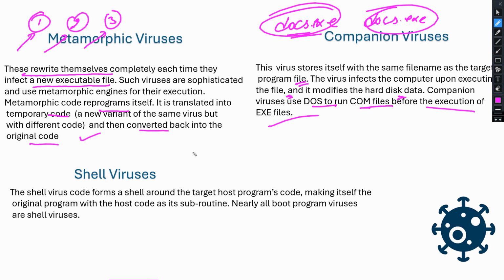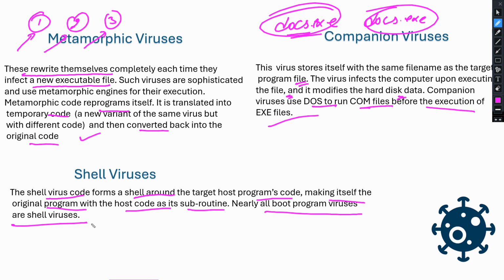Next we have shell viruses. Shell virus code forms a shell around a target host program's code, making itself the original program with the host code as its subroutine. Nearly all boot program viruses are shell viruses.